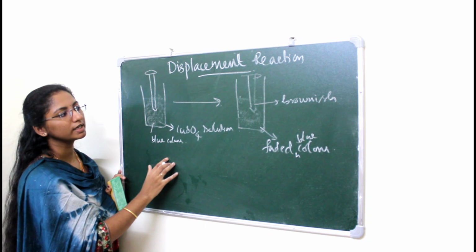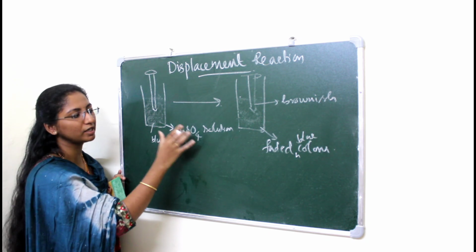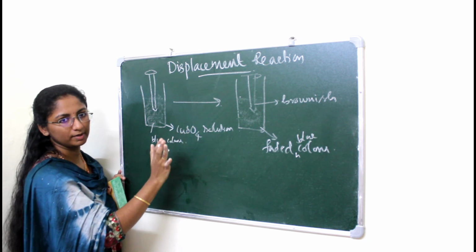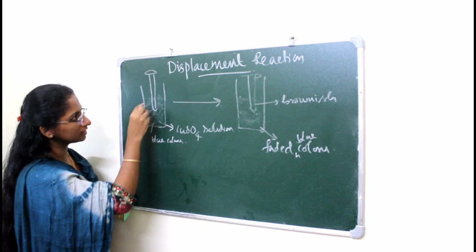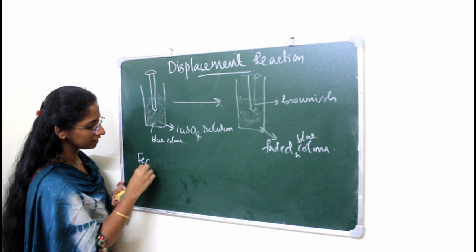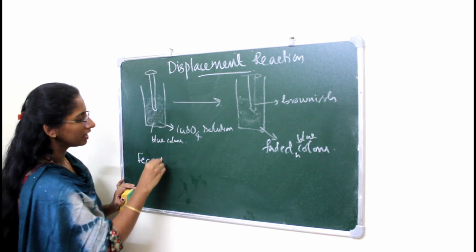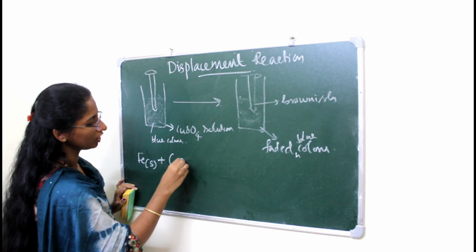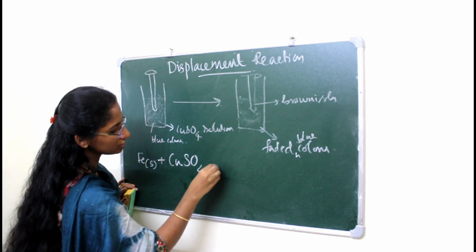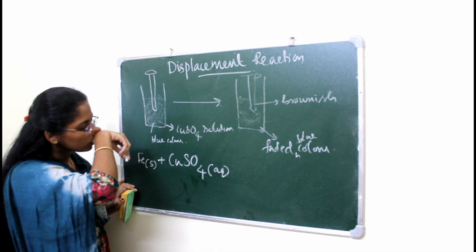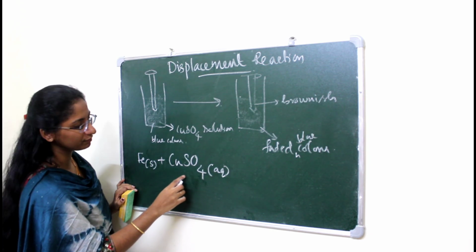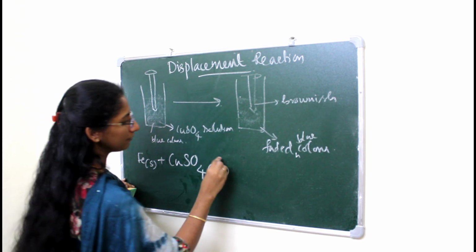So we want to get into the reaction, what is happening within this experiment. If we take this iron nail as iron, it is solid. And here we are taking copper sulfate solution, which is aqueous and blue in color.